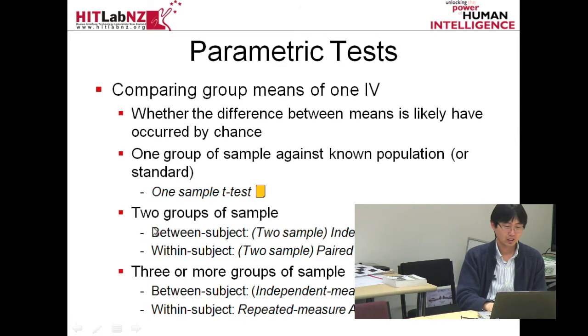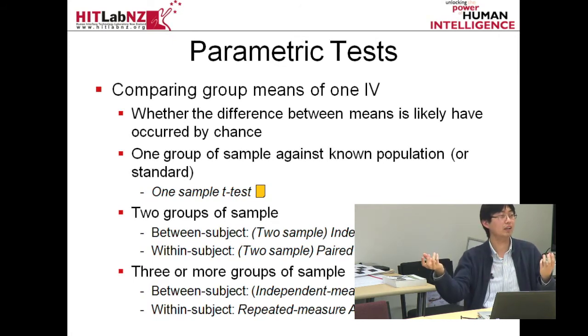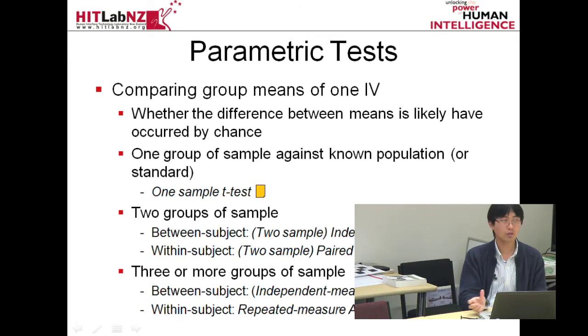And let's say there are 3 or more groups in the sample. In this case, it's about comparing not only interface A and B, but if you have interfaces A, B, and C and you want to compare all 3 of them, then you'll have to use ANOVA, which is analysis of variance. There are many different types of ANOVAs, and we'll go through them one by one.